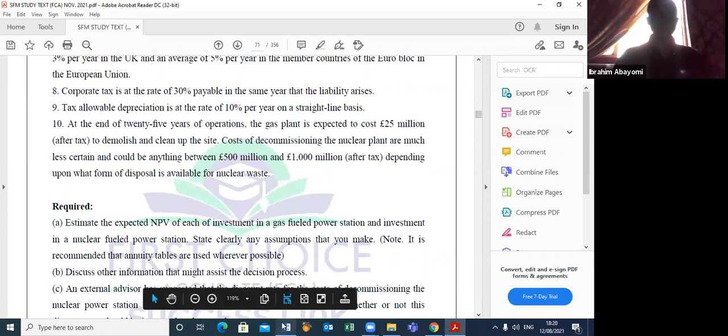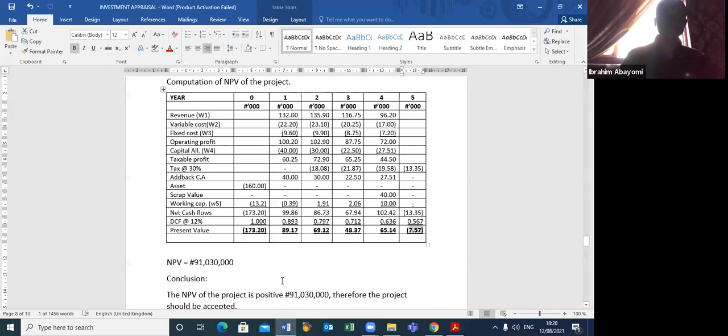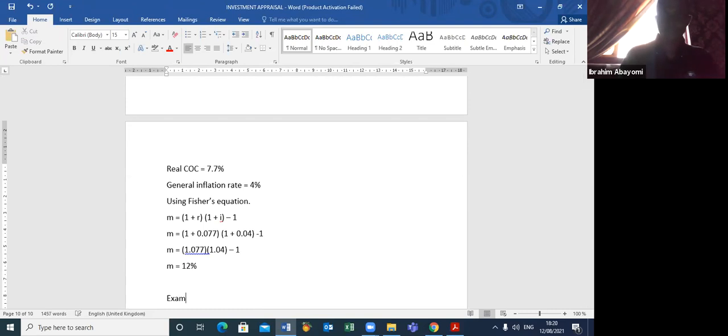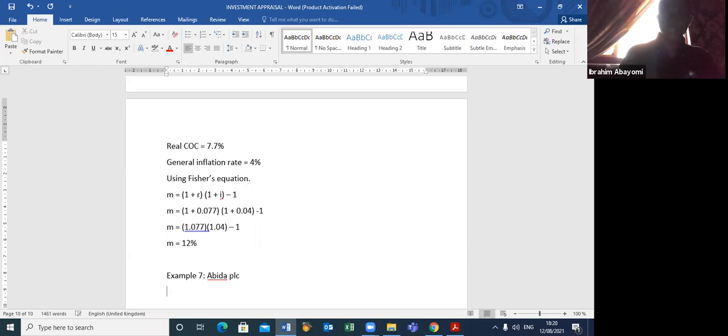Now, let's go and solve this question. Example 7. Example 7, A: computation of expected NPV.